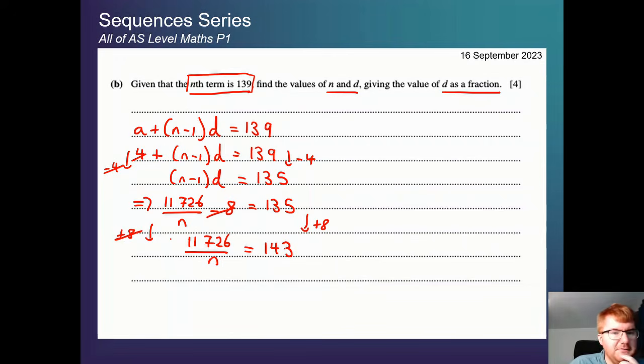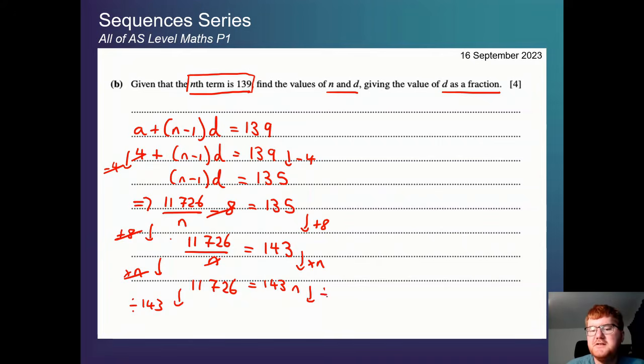Again, there's a couple of different ways you can do this at this point. You've probably seen it from trig, but you can kind of flip these. But let's just do it in the kind of standard way here. I'm going to multiply by n. Again, if you can go straight to the answer, it's fine. So I'll get 11,726 is equal to 143n, and then I divide through by 143.